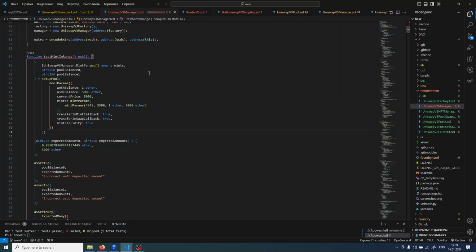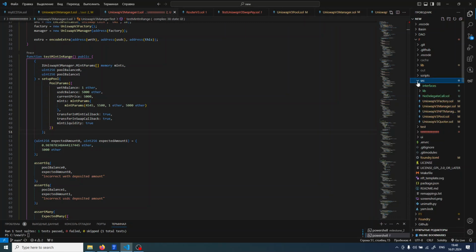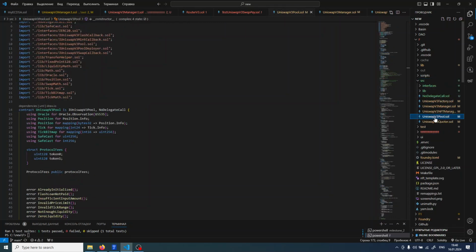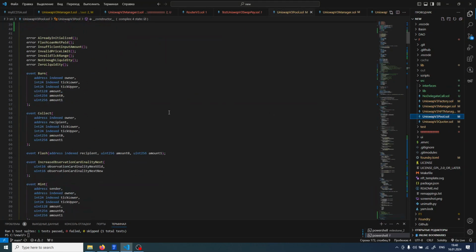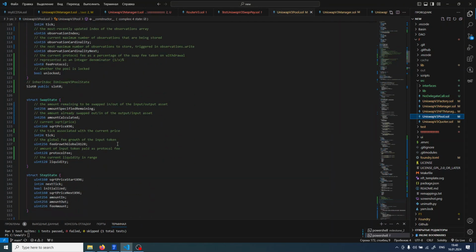And one more thing, we know that in the unofficial code from the Uniswap V3 pool, this mint function accepts as lower and upper boundaries ticks.